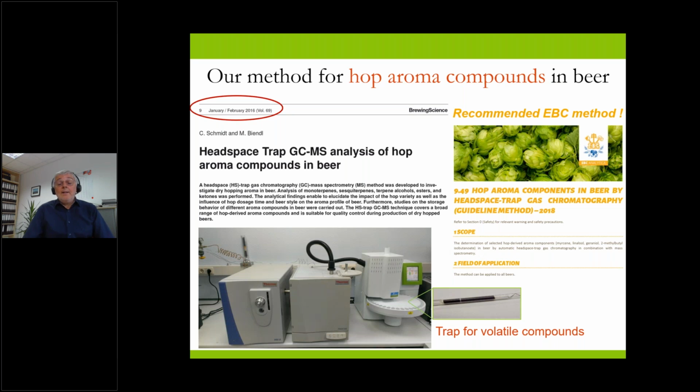But it's only a guideline method because in the end, we did not get enough results. Only a few participants reported their results and no statistical evaluation was possible. So we have no data from an international collaborative trial. But as a starting point, I would recommend this method for those who are just starting and thinking over how to analyze volatiles in beer.